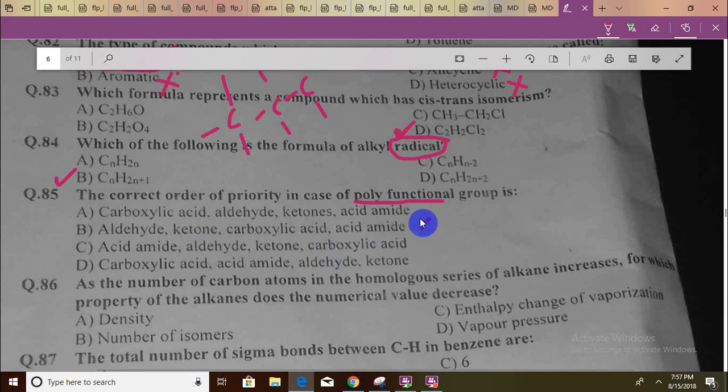Carboxylic acid has the highest priority. Again wrong. This is a bit iffy. And acid amide is basically like this, right? I don't think it has greater priority, so to speak. But let's see if it's written anywhere in the book.